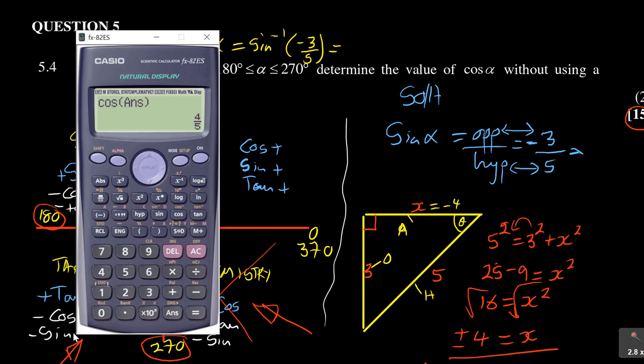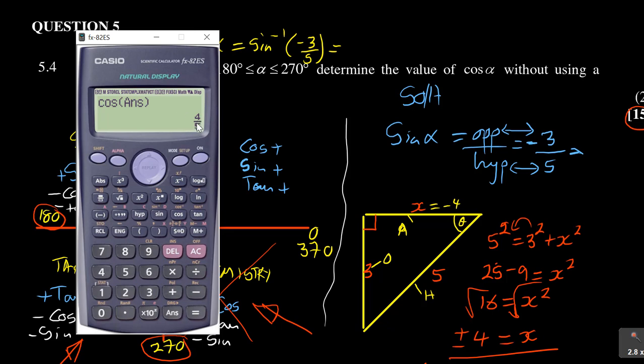But remember, we are in what we call the third quadrant, where cos is negative, hence you will have to use a negative of that. So if I repeat again, I say shift, negative 3/5 like that, and I'm getting that. Then if I say cos of the answer, it will give me 4/5.